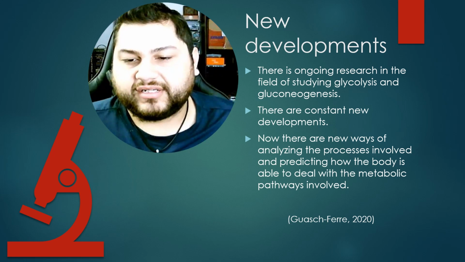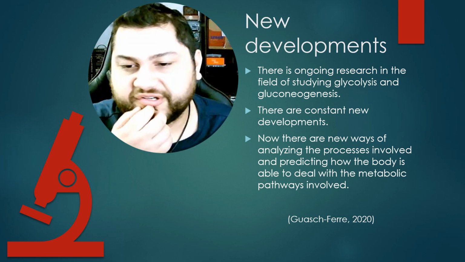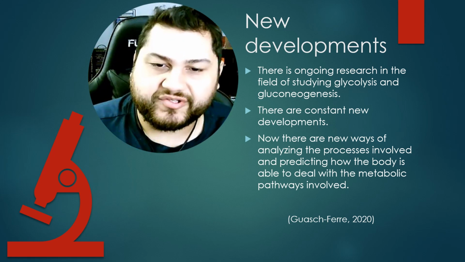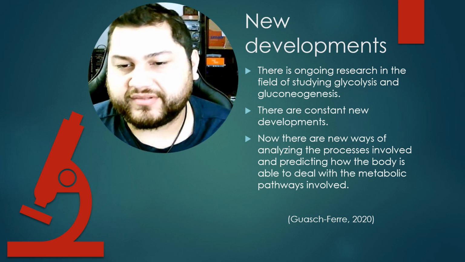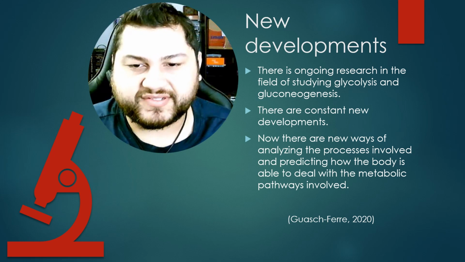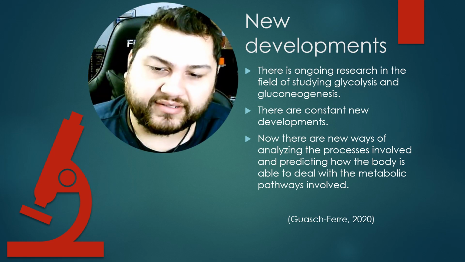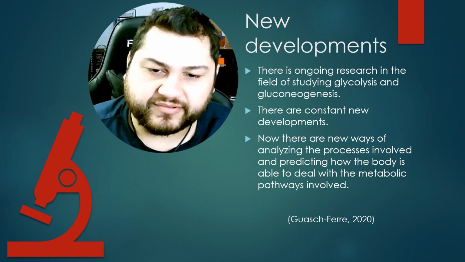So for glycolysis and gluconeogenesis, there's a massive amount of ongoing research in the field of studying these two metabolic pathways, and there are constantly new developments and more discoveries and further applications down the line that are being discovered with these two.